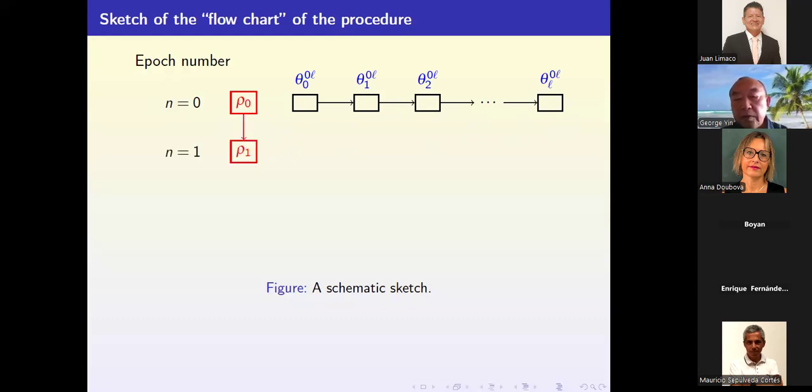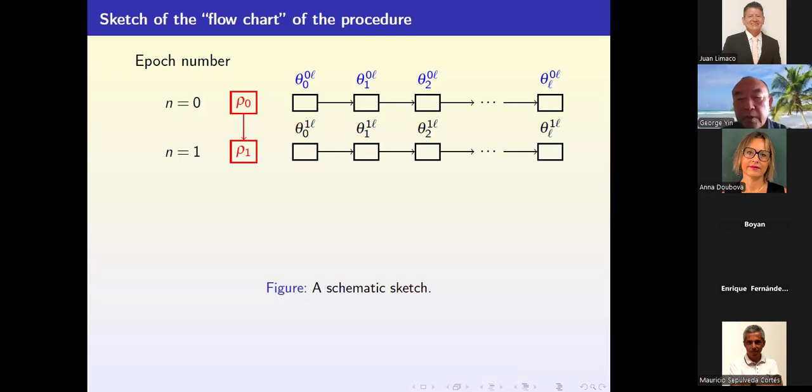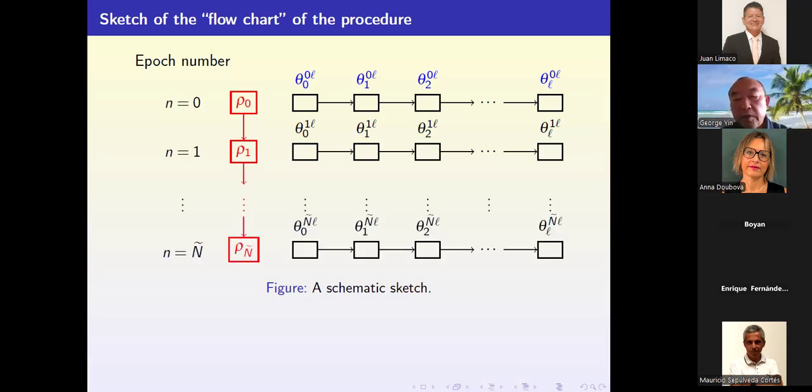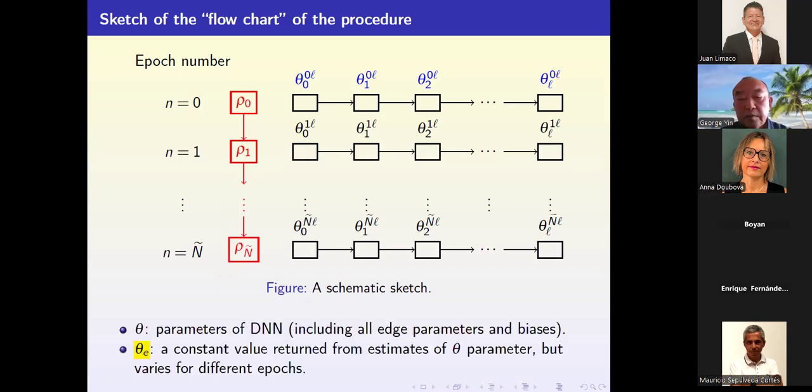So from rho 0, you get a rho 1. And starting from rho 1, you do another level of updating for the parameter theta. And then you go to the next level, n equal to 2, and you update rho 2. And finally, you get to n tilde or something like this. So this is just the demonstration of that.